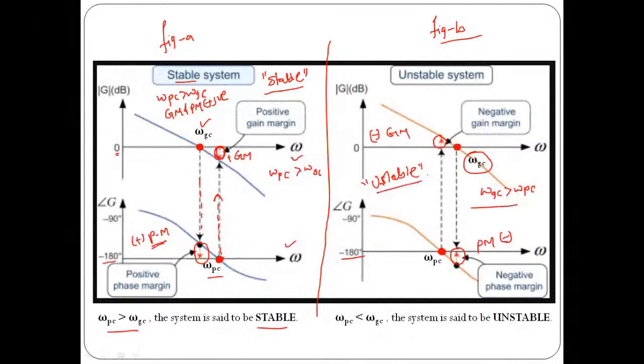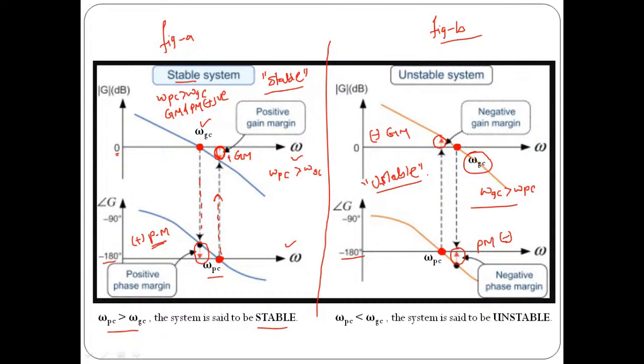This is very important. Unstable. I hope this point is clear to everyone, and this is the procedure that we need to implement in order to determine the stability of a system using the Bode plot technique. We first calculate and draw the phase angle plot followed by the magnitude plot.